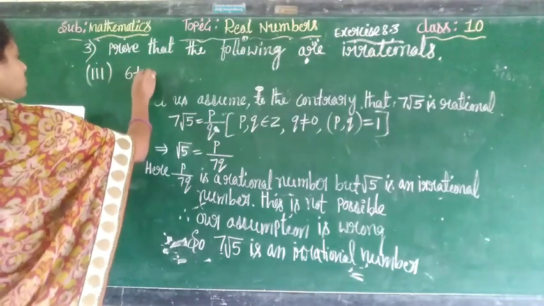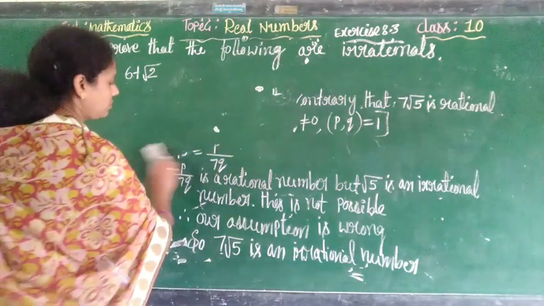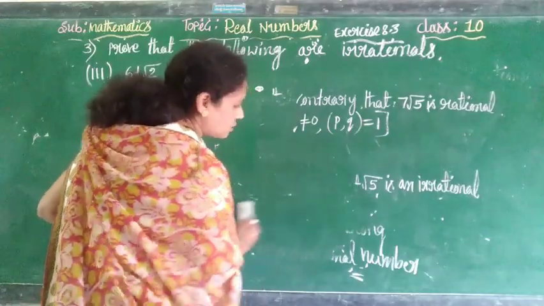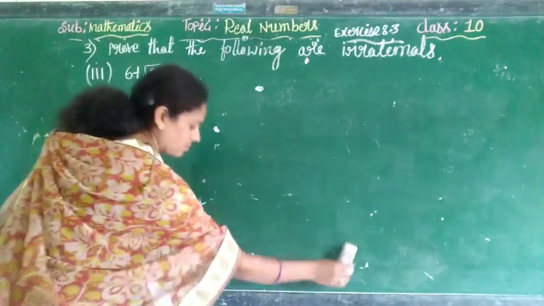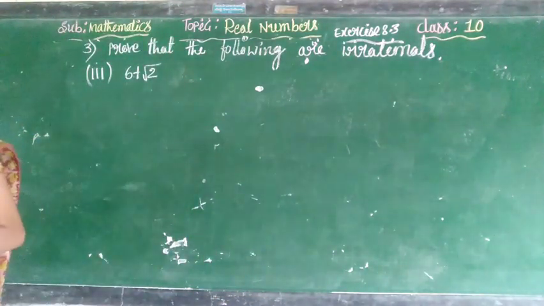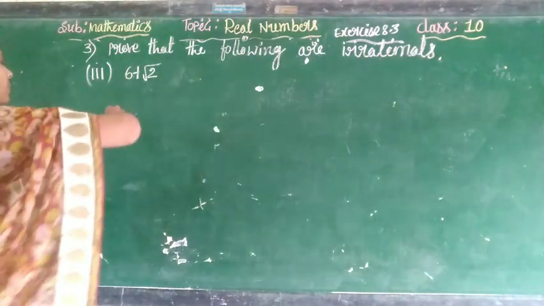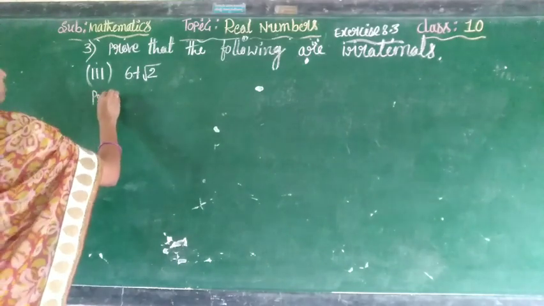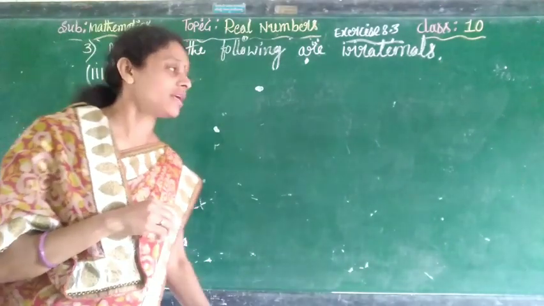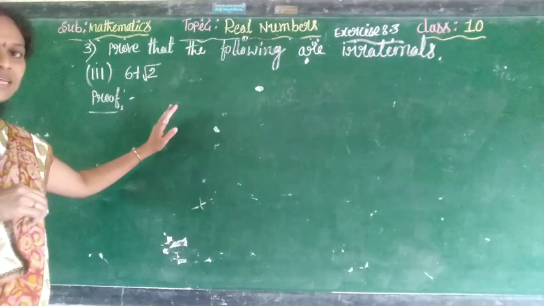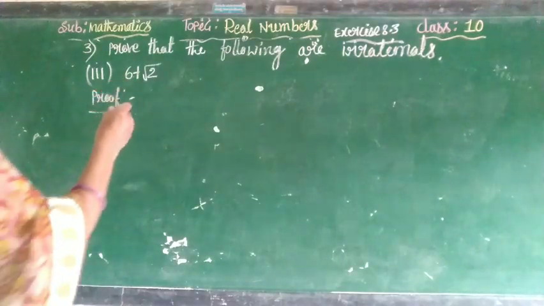6 plus root 2. Let us assume to the contrary that 6 plus root 2 is rational.